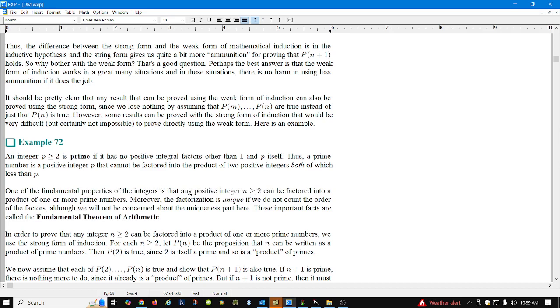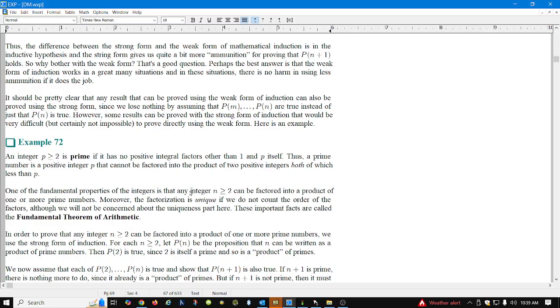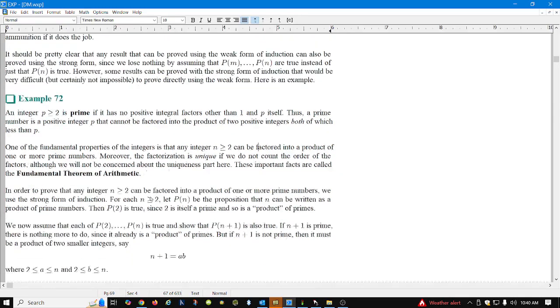The factorization into primes is unique as well, provided we don't count the order of the factors, which is generally unimportant anyway. This result is called the fundamental theorem of arithmetic. But for this purpose here, we're going to just deal with the existence of factorization and not the uniqueness.